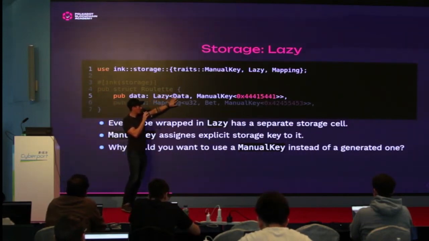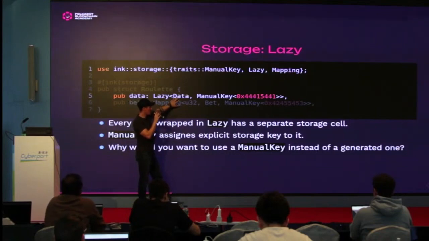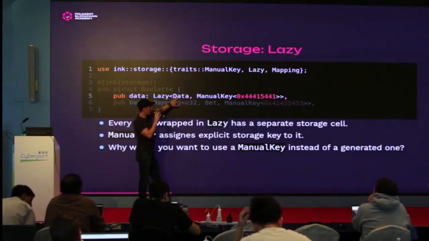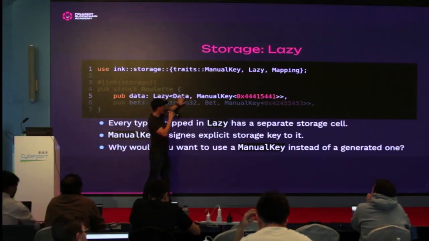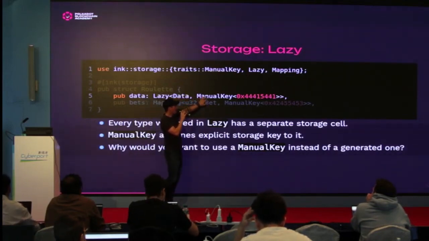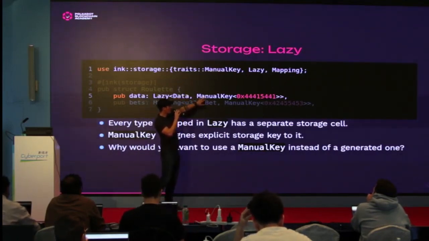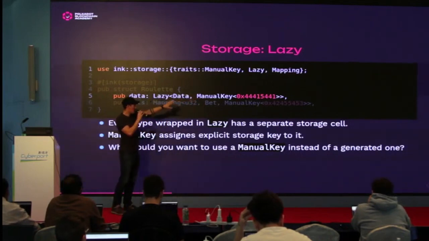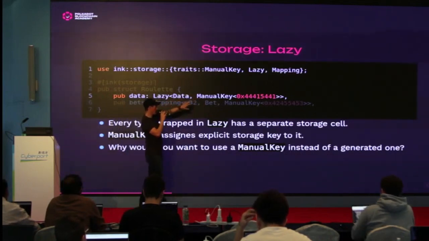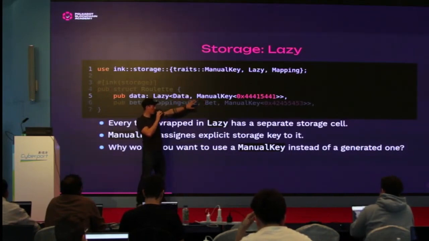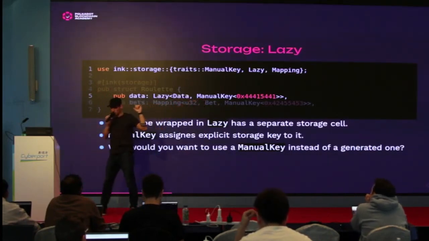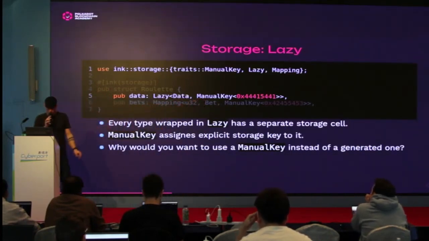It can be a single collection, usually a struct with different fields. You can either define your own key or it will auto-assign one. But it's actually a good idea to define your own. Why, we'll talk about later, but it ties into upgradability of smart contracts.